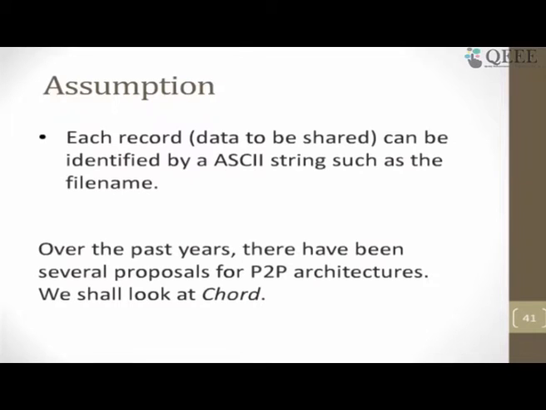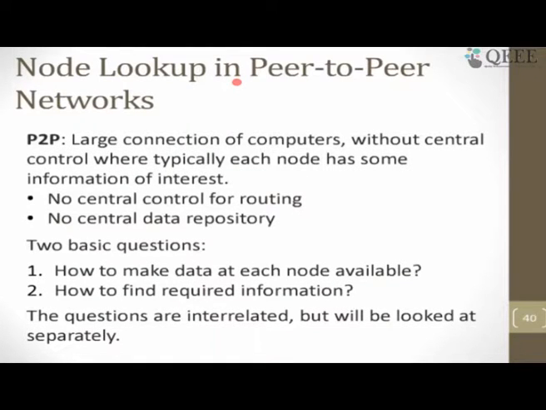Okay, so the Chord protocol, I will quickly tell. In peer-to-peer networks, what is happening? There is no server and there is no client. Everybody is server and everybody is client. In peer-to-peer networks, no server, no client.